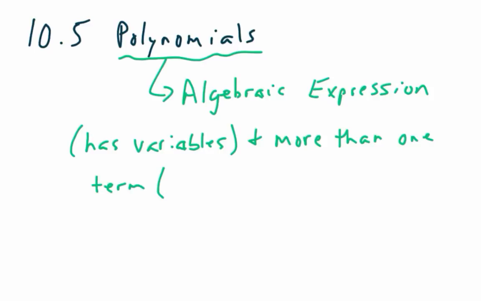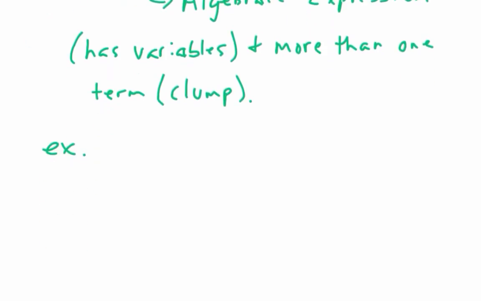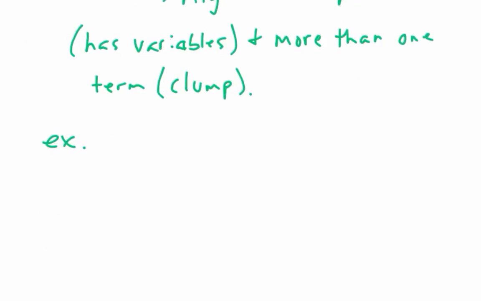The generic definition of a term is basically a clump. More than one term, more than one clump. Examples are maybe our best way to look at it. Say we have 2x squared minus 5. The terms are typically separated by a plus or a minus.